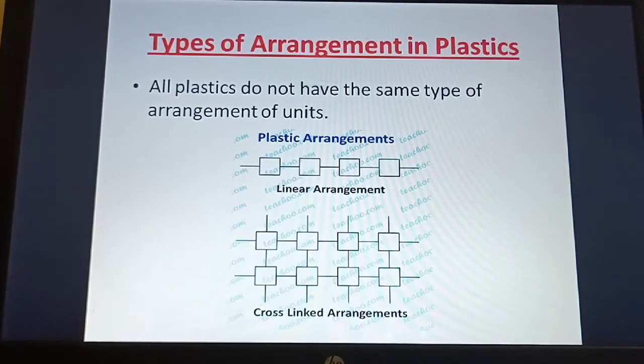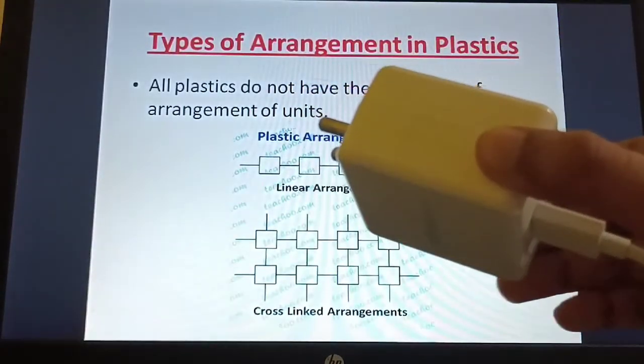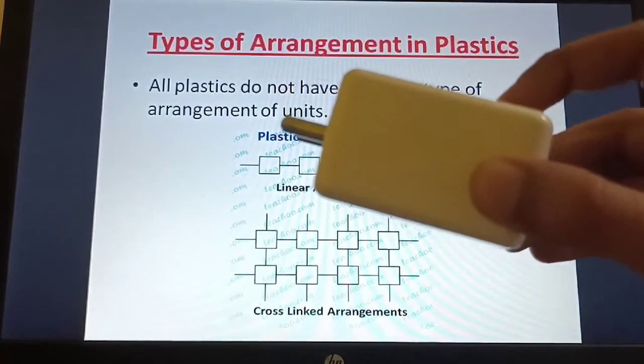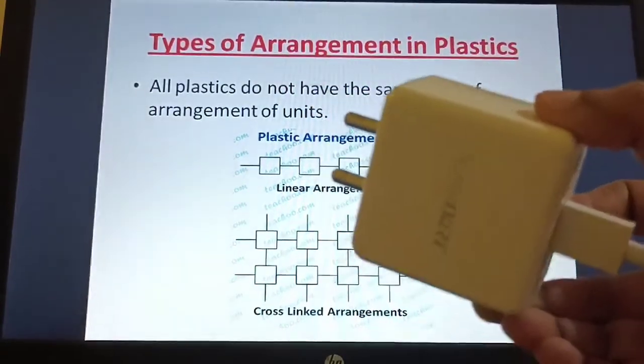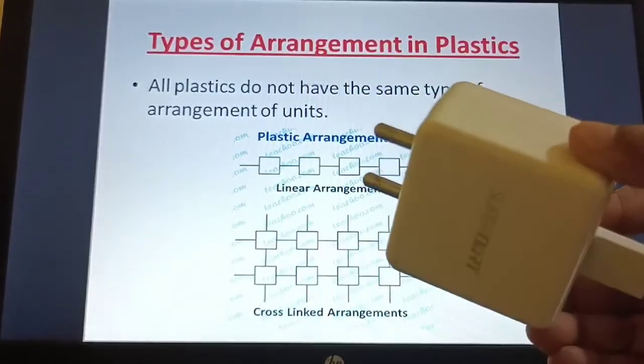In linear and cross-linked, some of the plastics can easily bend, whereas some of the plastics cannot bend easily. For example, your mobile phone charger. You can see the mobile phone charger, it is made up of plastic, and you cannot bend it easily.